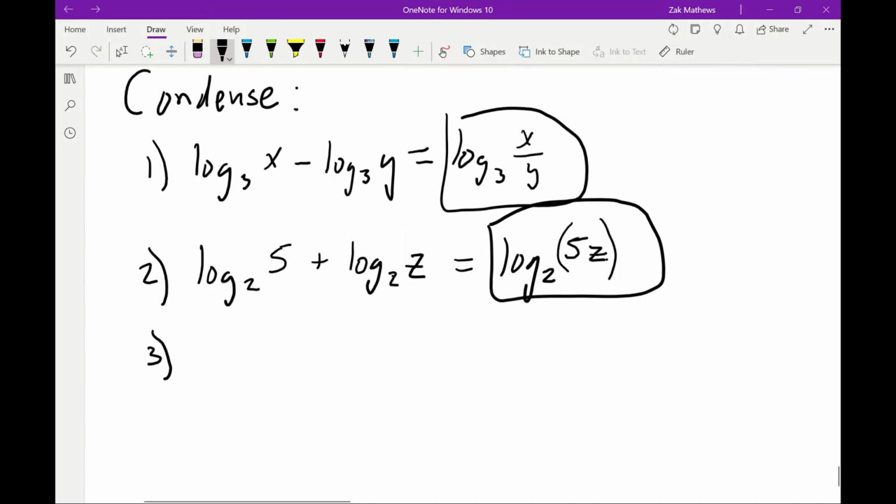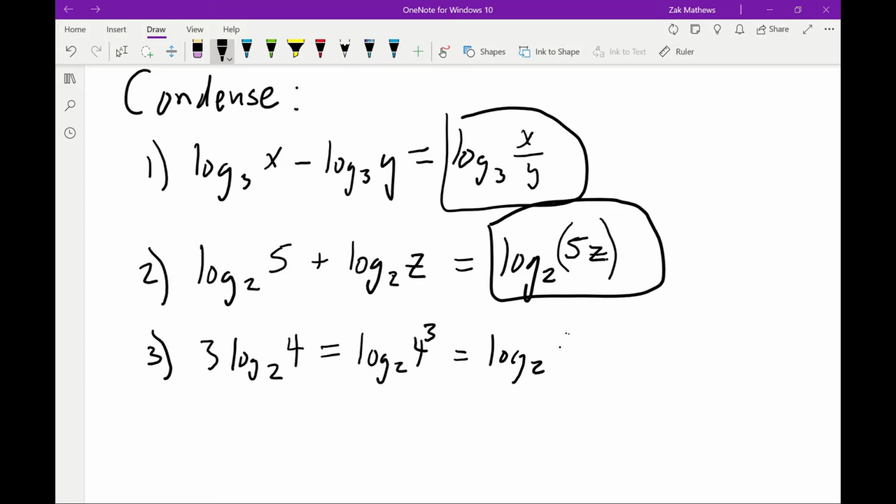And for one more simple example, let's take 3 log base 2 of, let's do 4. That's telling me to take the 4 and raise it to the third power, which we can simplify that one. That's log base 2 of 4 to the third, which is 64. Alright, and there we have it, just like that.